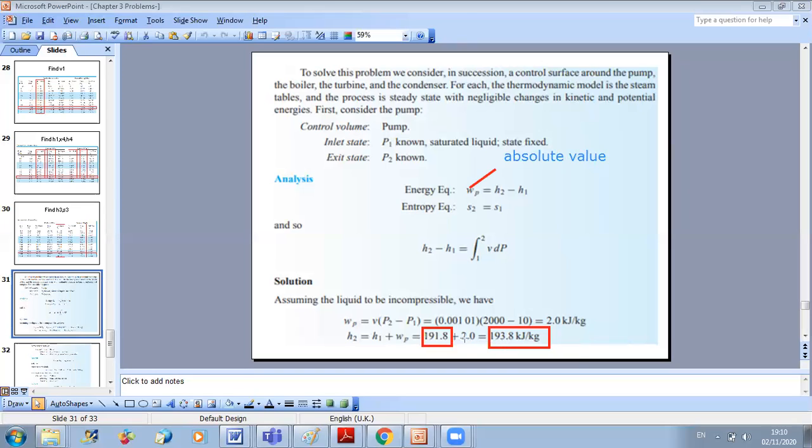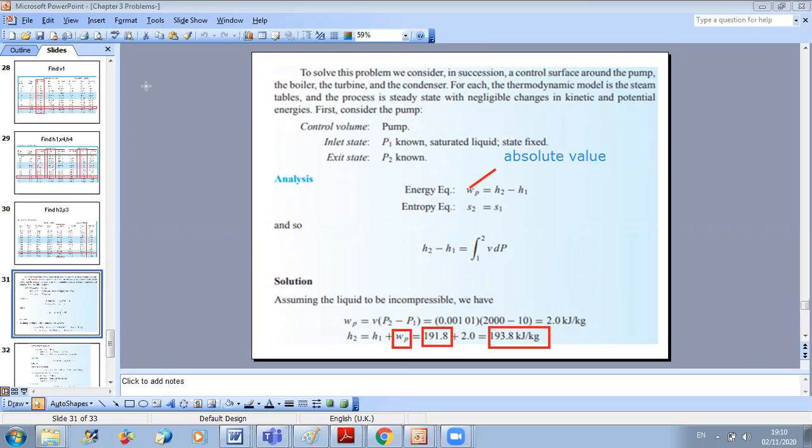As you can see, the work of the pump is really small. This is an advantage because this is a loss for us, since we need to provide this to the system. It is good to have a small work, and this will increase the efficiency because W net will be higher.